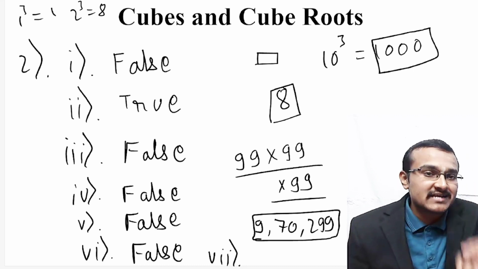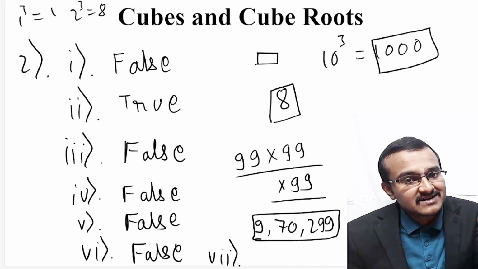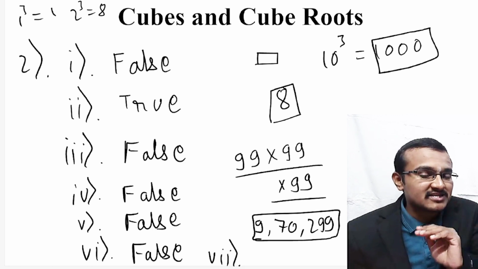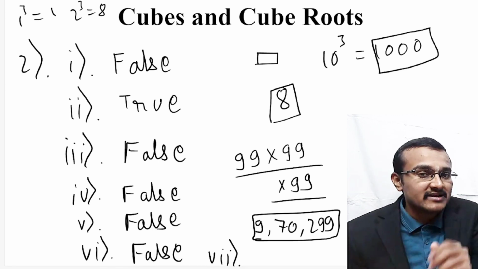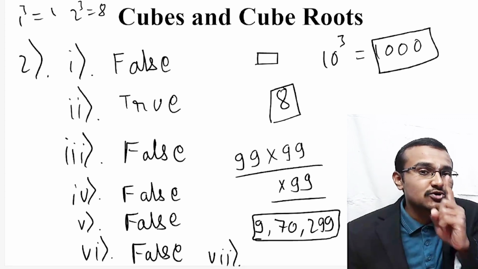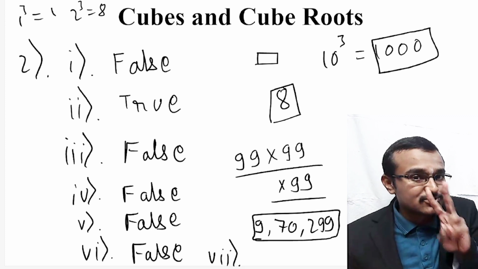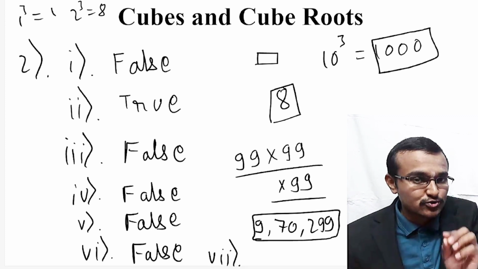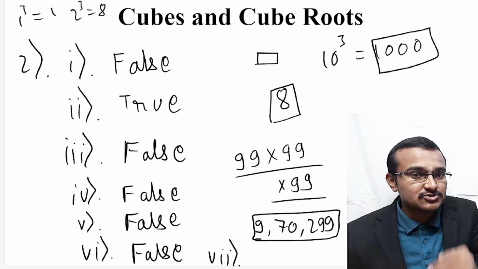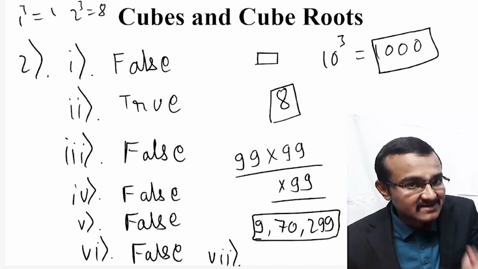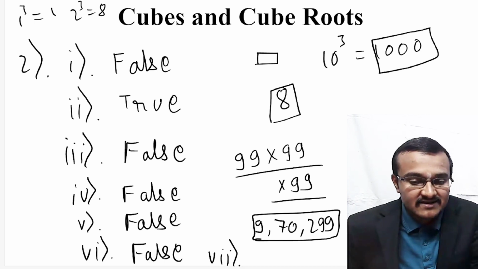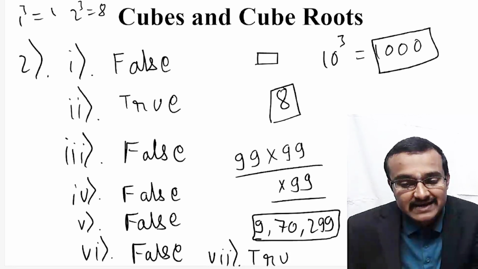These two examples are more than enough to show that a single digit number can have a single digit cube. 1 cubed is 1, which is a one digit number, and 2 cubed is 8, which is also a single digit number. So two cases are there, and hence the answer for the seventh question is true.